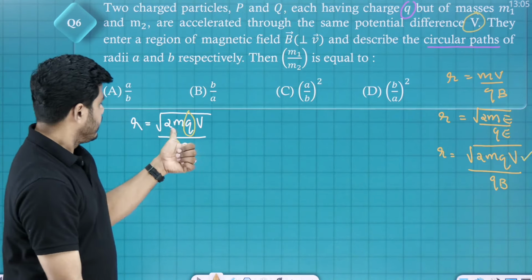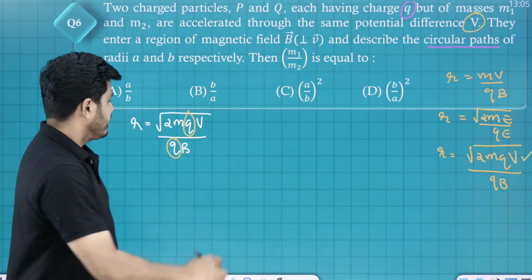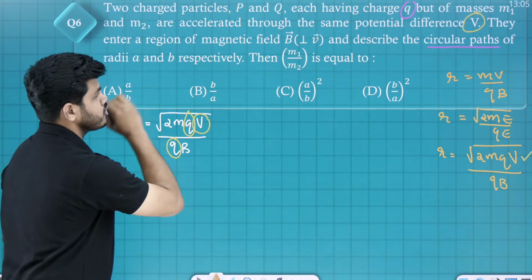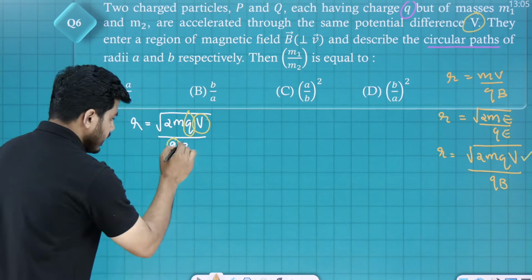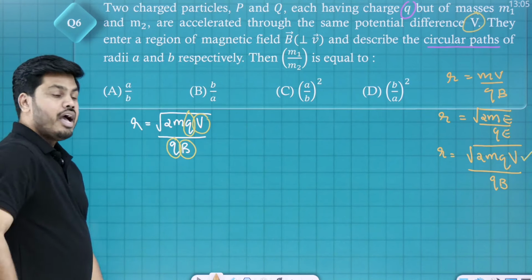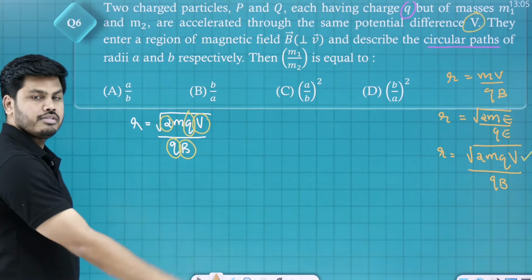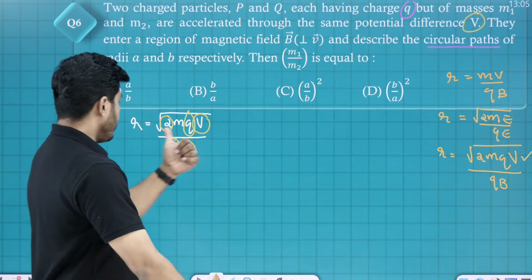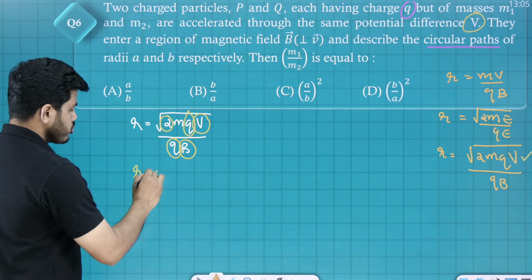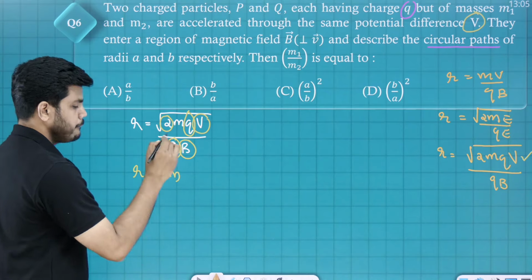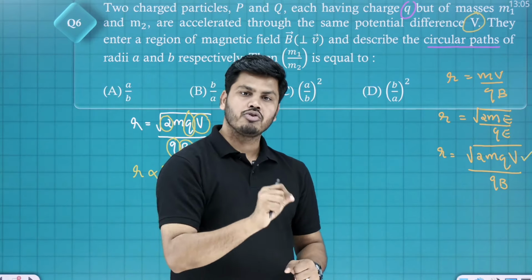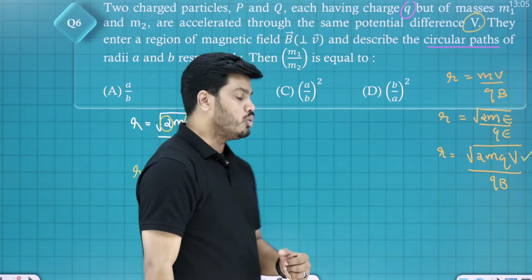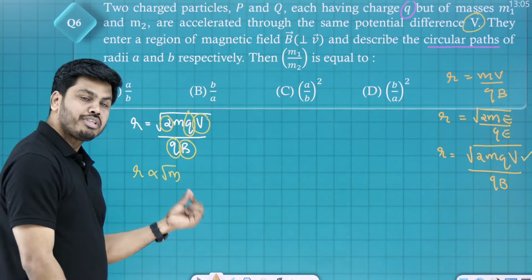Correct? Yes. Now their masses are different. They have the same accelerating potential. They are accelerated through the same potential difference. V is the same. And they enter the same magnetic field. And 2 is a numerical constant. See? Everything goes. Now, the radius is directly proportional to what? Root of m. That is our conclusion, right? In this particular situation, the radius of the circular path is directly proportional to the square root of their masses.